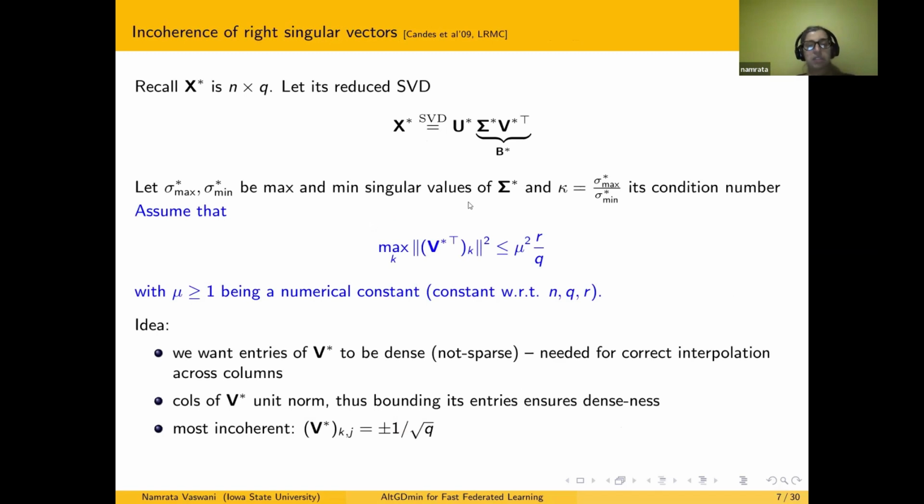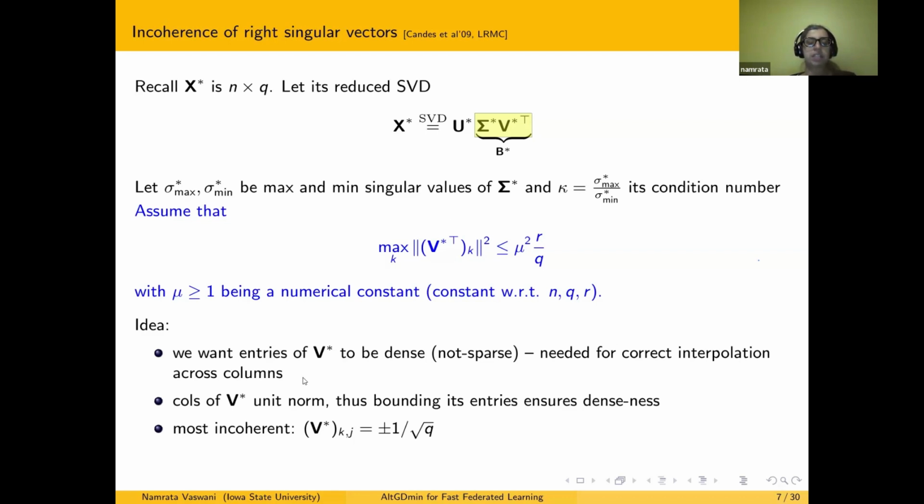Here's my incoherence assumption. Consider the R SVD of X star as U star, sigma star, V star transpose. We'll refer to sigma star V star transpose as B star. What I want is that columns of B star have roughly the same energy in them. Said another way, I want each entry of my V star matrix to be dense, of roughly the same magnitude.